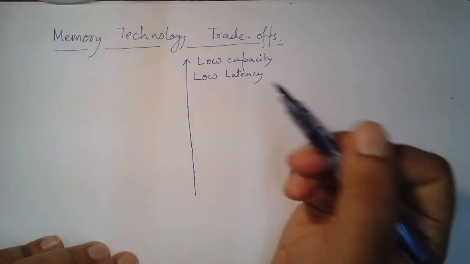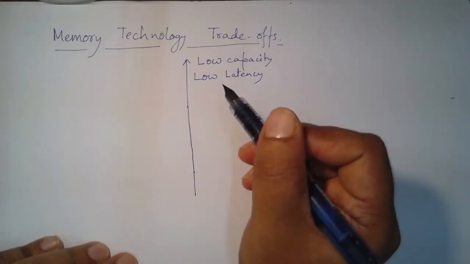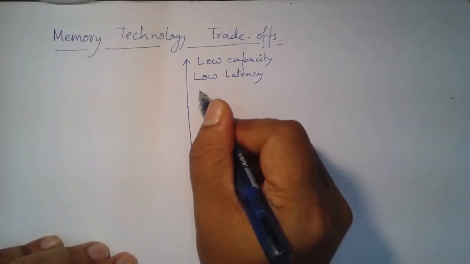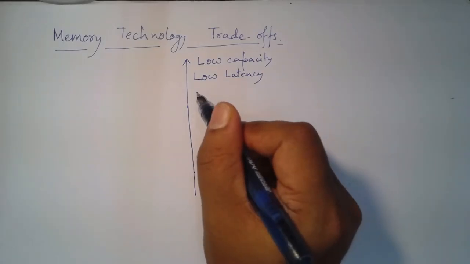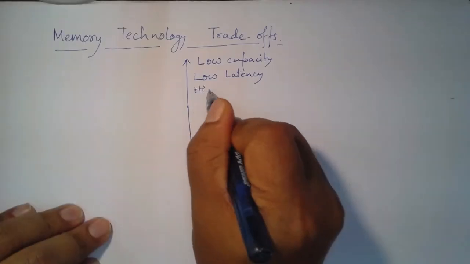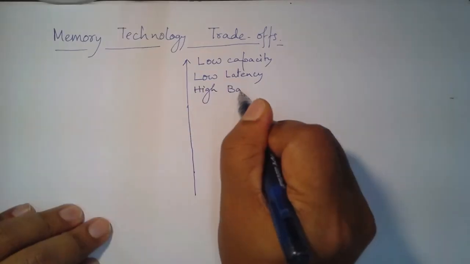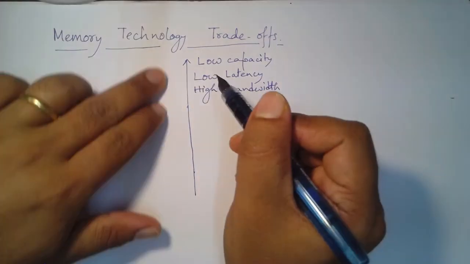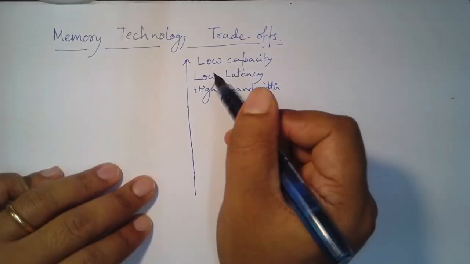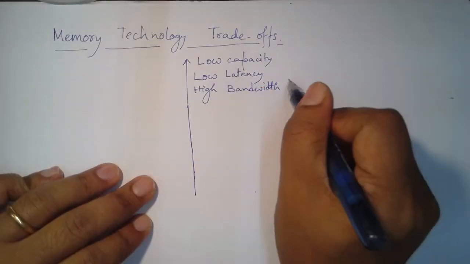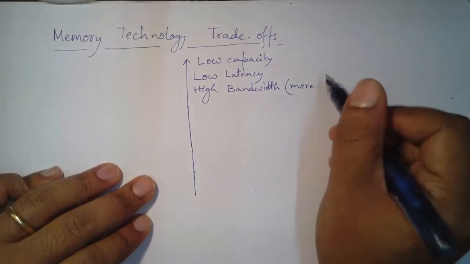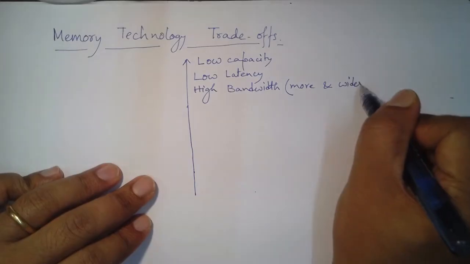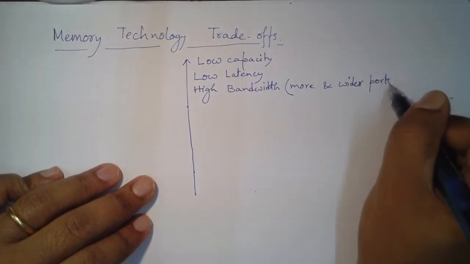So if you have a 32-bit number, if you can read all the 32 bits at once, then the bandwidth will be better compared to if you need to read one bit at a time. So basically if I need high bandwidth, then this is the part of the scale I should be interested in. So how can I achieve high bandwidth? Basically by using more, as well as wider, ports.